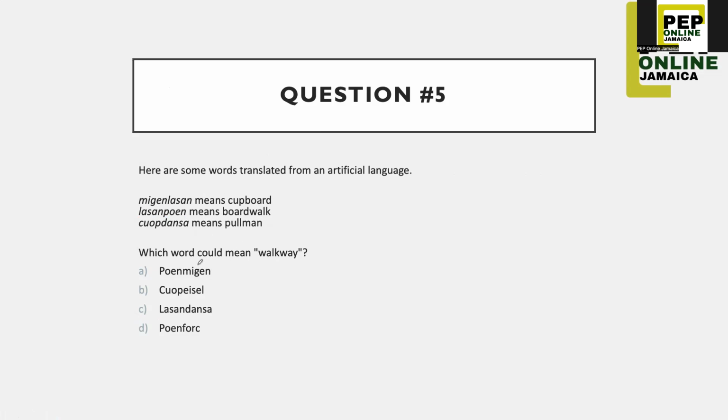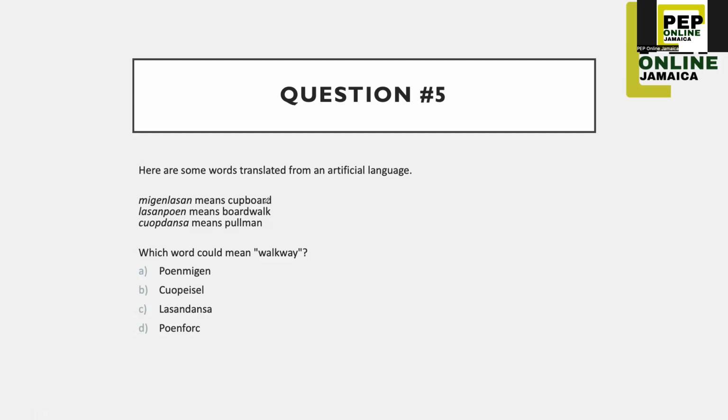So question number 5. We have a word here, here, right? The first word is representing cupboard. The second one represents boardwalk, and the third one represents your pullman, right? So we're gonna try to find out what is common.